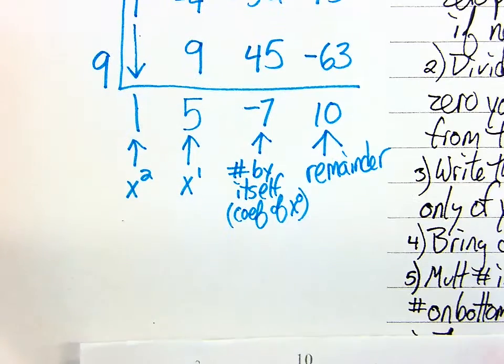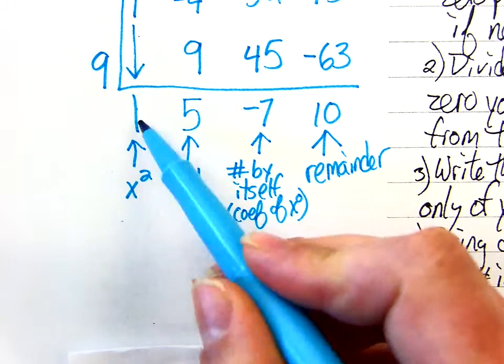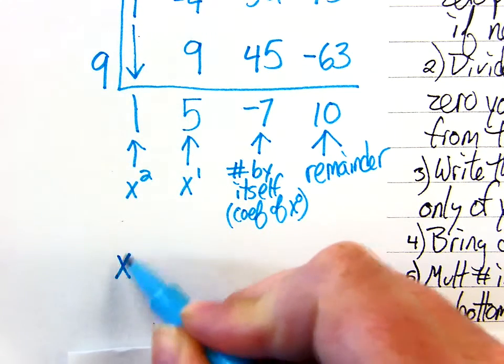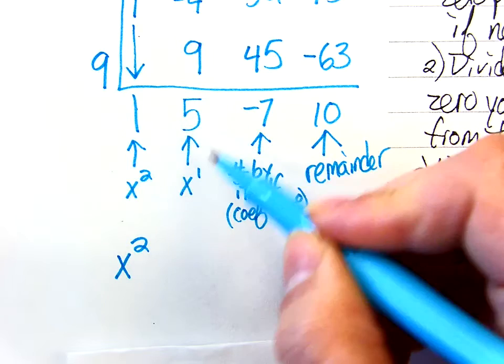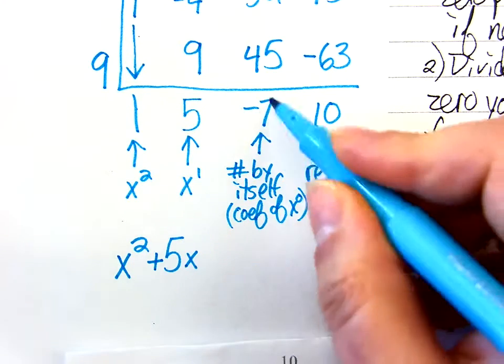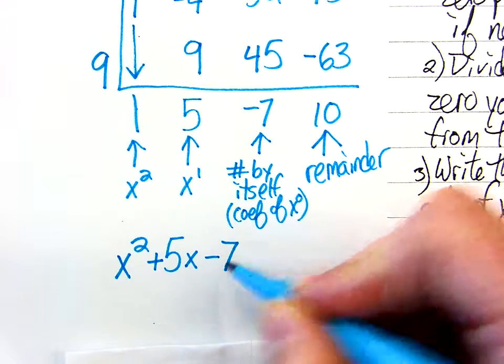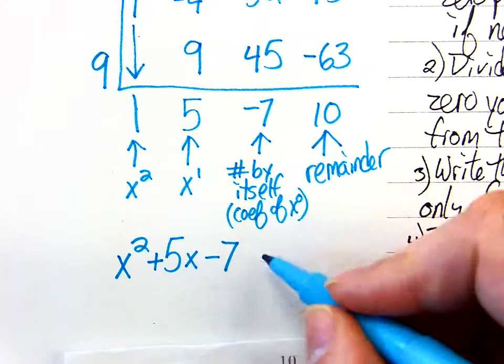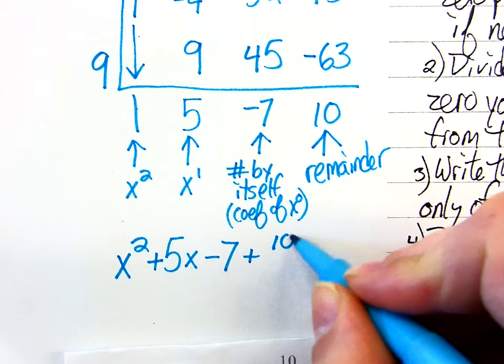So how do I write this now as a nice, neat answer? Well, this is the coefficient of x squared. So I don't have to write the 1, so I just write x squared. 5 is the coefficient of the x to the first, so it's positive, so I'll write plus 5x. That's the number all by itself, so I get the minus 7. And then the remainder, remember how we do that? You put the remainder in the numerator.